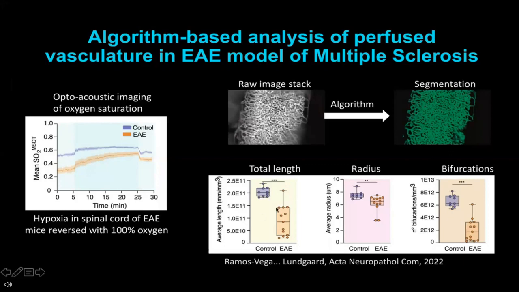And we saw that in terms of the perfused vasculature, we're able to, here for the spinal cord, determine the total perfused length, the perfused radius of the vasculature, and the bifurcation points by combining light sheet imaging and machine learning algorithms in collaboration with the Ali Ertürk lab in Munich.